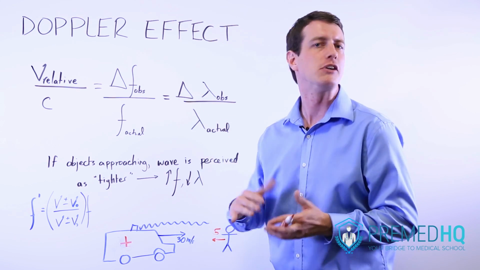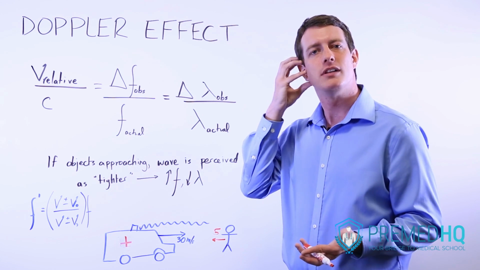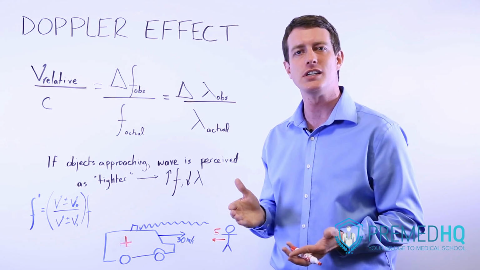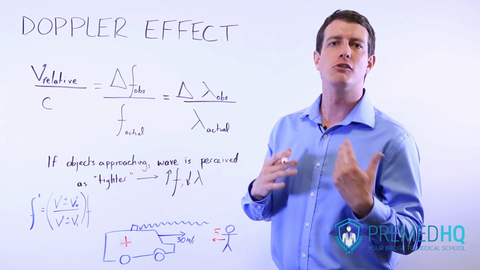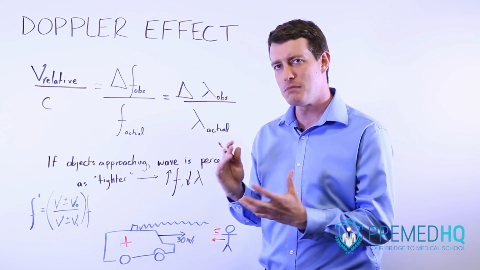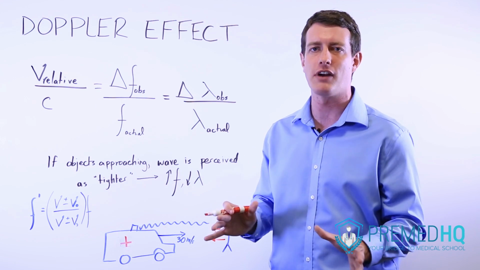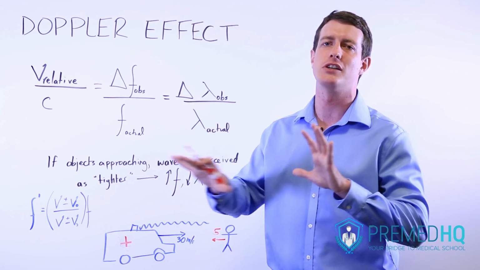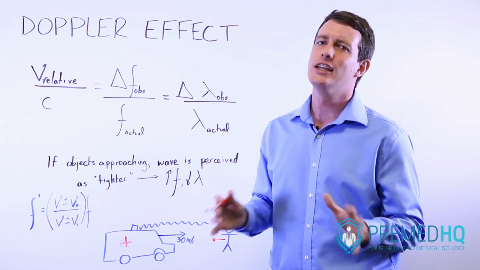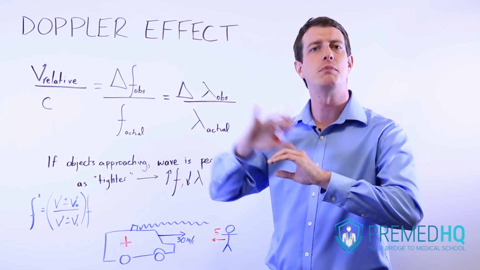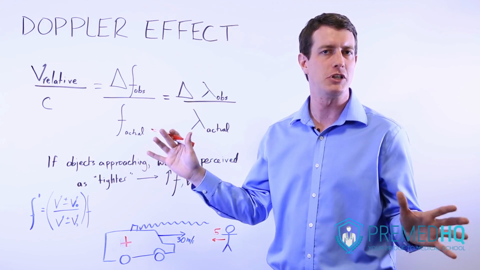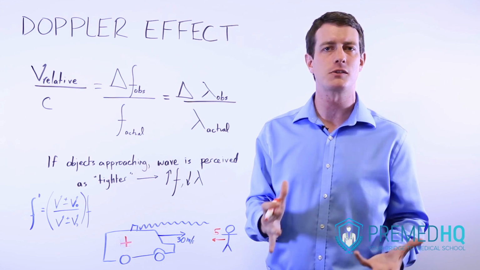It might increase or decrease it by 10%, and that will have a noticeable difference in how it's perceived. For light, you're looking at 3 times 10 to the 8 meters per second. That's very, very fast just to see a 10% change in the observed light. The only time you'll probably see that is if you have objects in space that are moving toward or away from each other at astronomically high speeds.